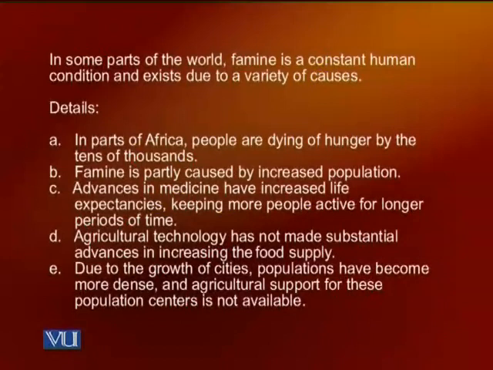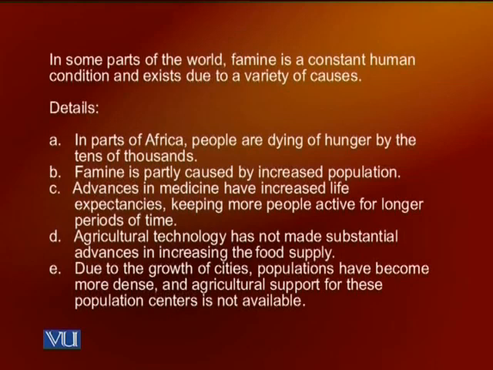A, in parts of Africa, people are dying of hunger by the tens of thousands. B, famine is partly caused by increased population. C, advances in medicine have increased life expectancies, keeping more people active for longer periods of time. D, agricultural technology has not made substantial advances in increasing the food supply.